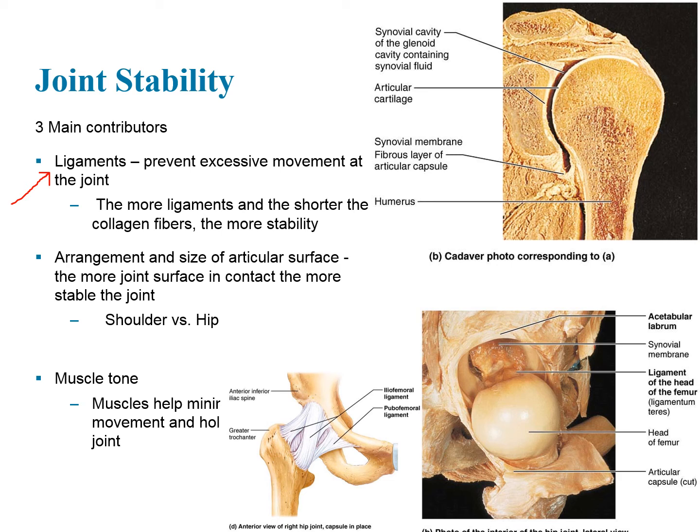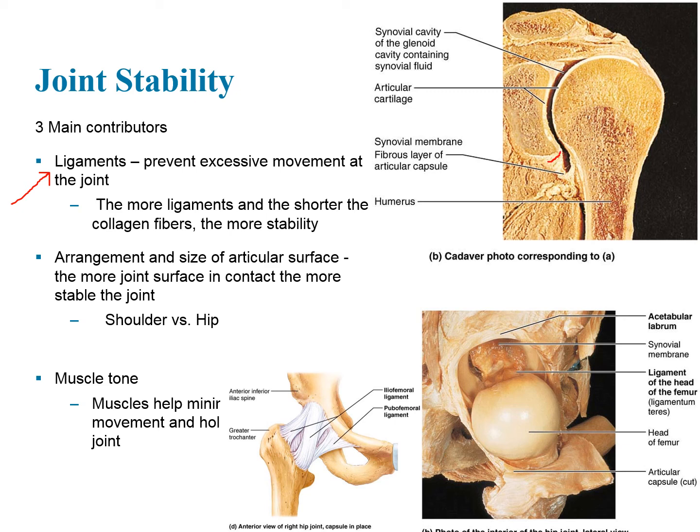A second feature or contributor to the stability of a joint is the arrangement and the size of the articular surface, that joint surface. The more joint surface that's in contact between the bones, the more stable the joint. Just as an example, your shoulder is less stable than your hip. The reason for that is this.